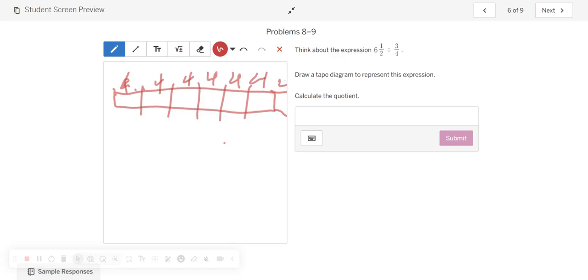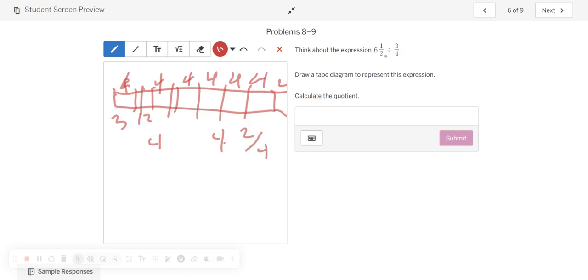And then I break that into 3. I'd have 1 left over. That would be 2. There'd be 1 left over, 3. So I'm getting 4 here. I'm going to get 4 here. And again, I have 2 parts, and there's 4 pieces in each. I'd end up with 8 1/2.